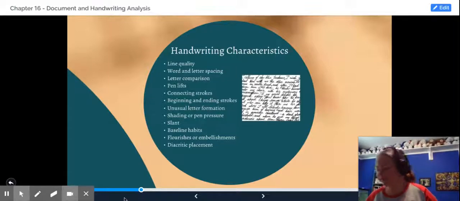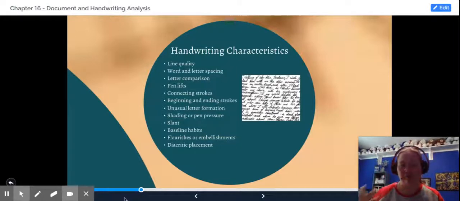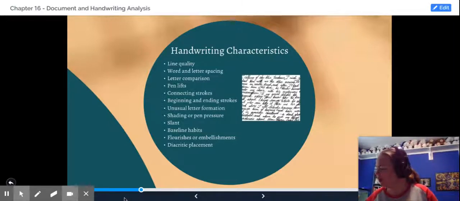You can find these in a little more descriptive detail on pages 487 and 488 in your textbook. So line quality, basically, are the lines smooth, jagged? How do they look? Spacing of the words, ratio of relative height, width, and size of the letters.